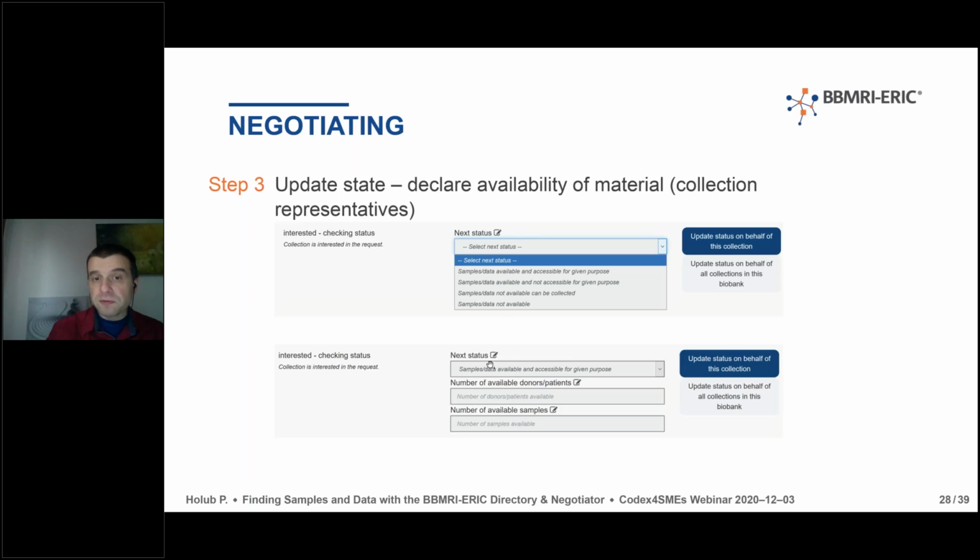And if the data and samples are available and accessible, they also can indicate how many donors and how many samples they actually can provide. This can be a completely different number to what the user has found in the directory, because you might have many samples, but as a part of the access committee, you have only decided to release a small portion of those because of access prioritization, or because you have informed consent compatible with the given purpose for only a very small portion of those.